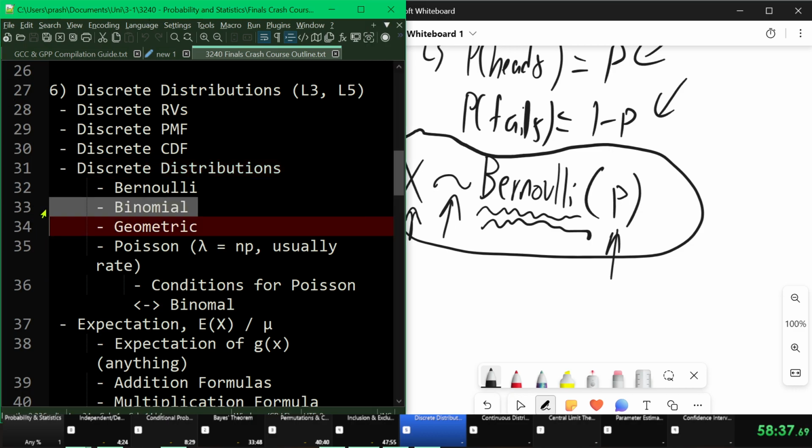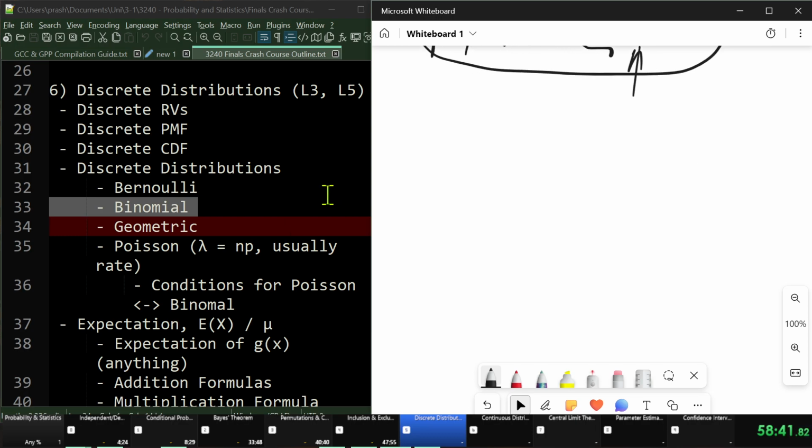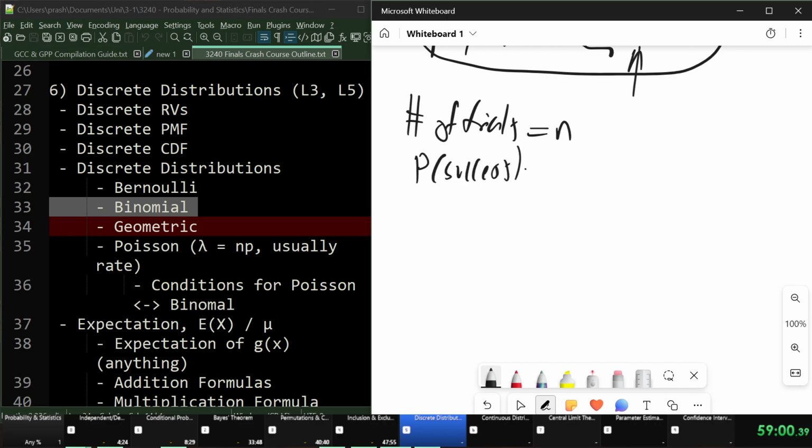Next up, we have binomial. This is the one that you'll probably be working with. For binomial, you've got two parameters. You've got the number of trials, usually denoted as n, and probability of success, usually denoted as p.